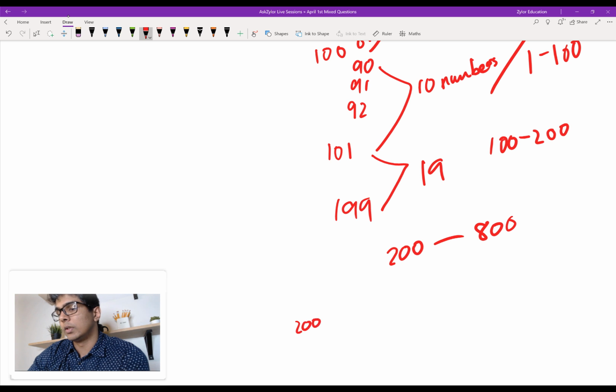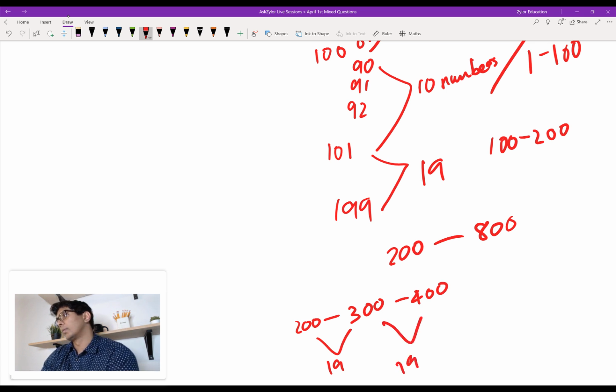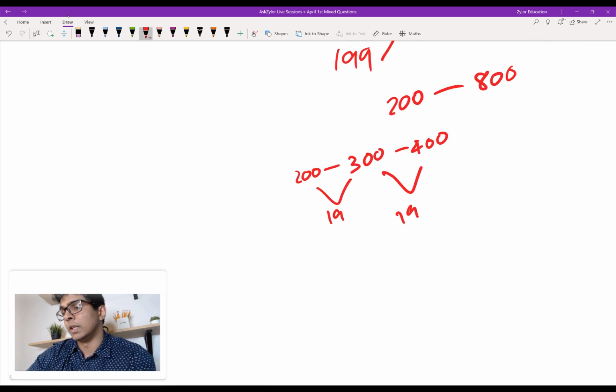So 200 to 300, we should see 19, 300 to 400, we should see 19, and so forth. So that means we would see 19 nine times between 0 and 900.